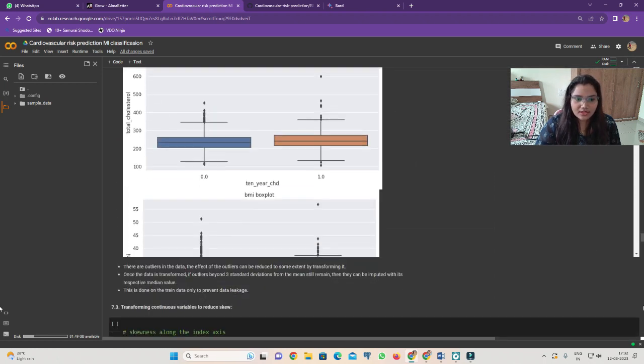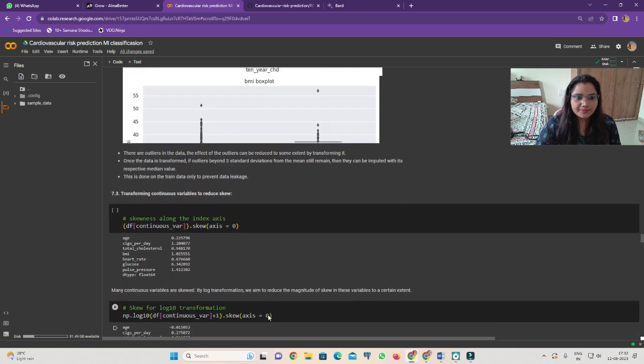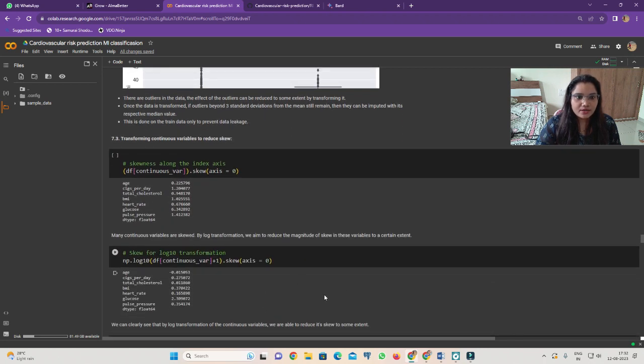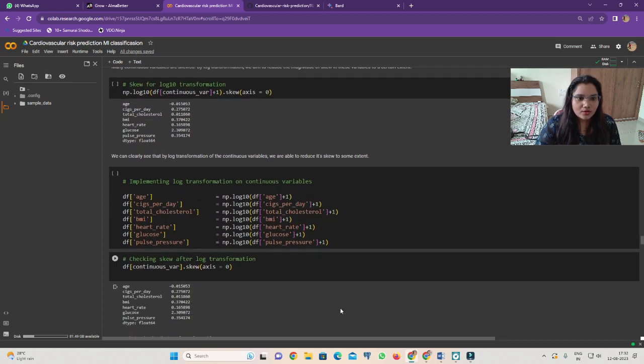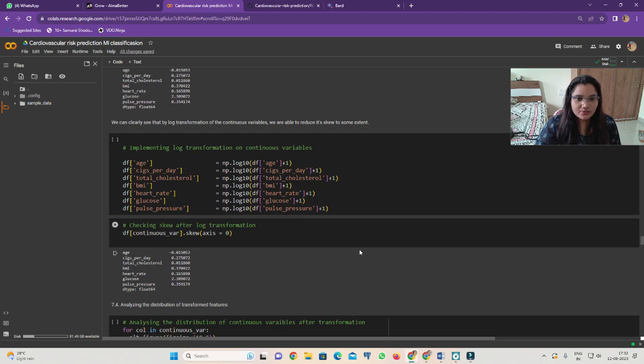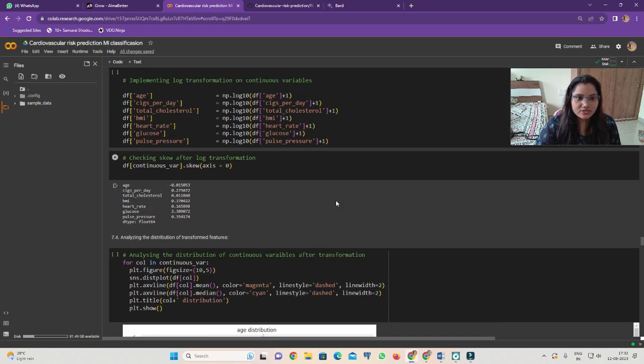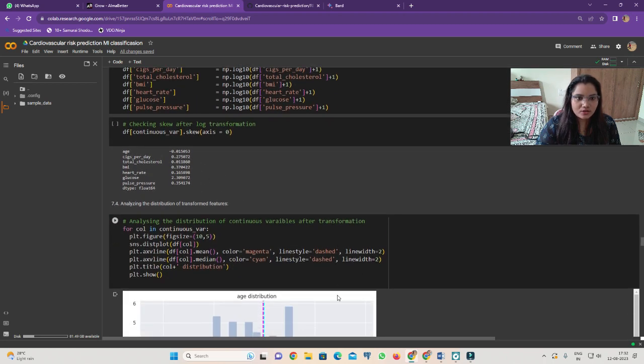We can see the outliers here. We can see that there are outliers in the data. The effect of the outliers can be reduced to some extent by transformation. Then we are transforming the continuous variables to reduce skew. Then checking the skew, implementing a log transformation on the continuous variables, then checking the skew after the log transformation.